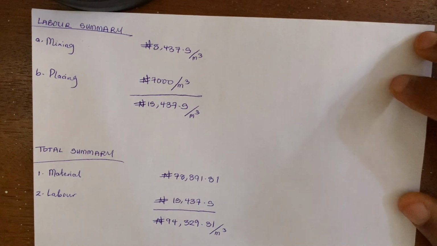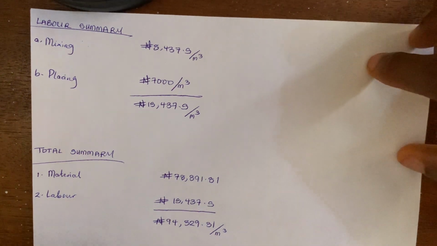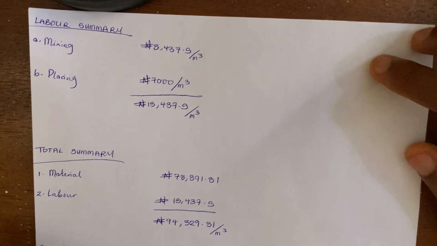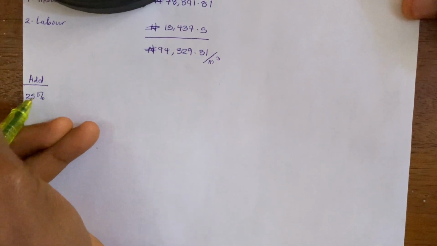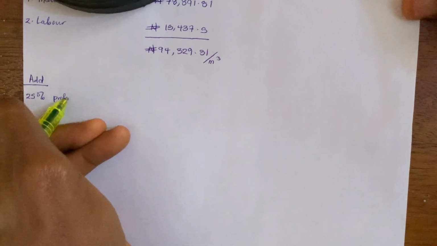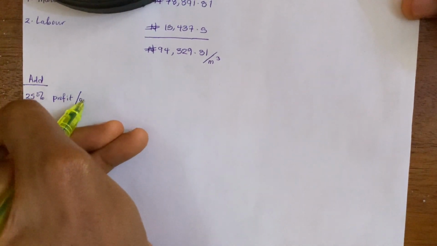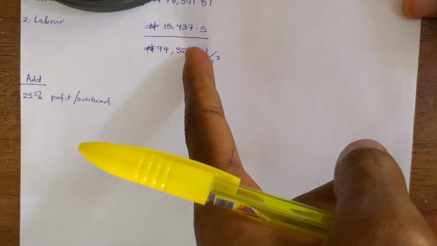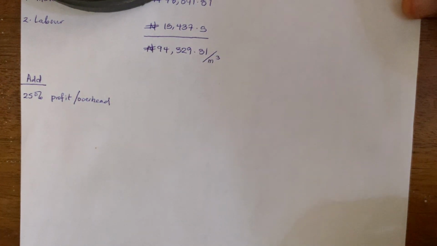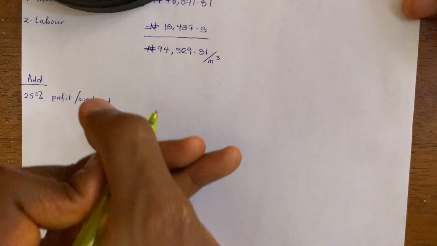So after doing this, we will now add our 25% profit and overhead, if we are using the contract price. So 25% of this price is equal to 23,582.33.